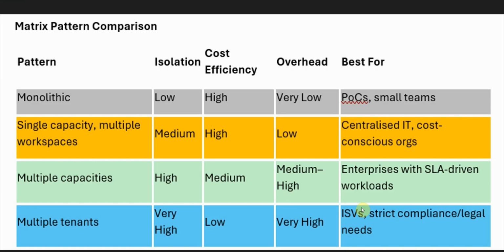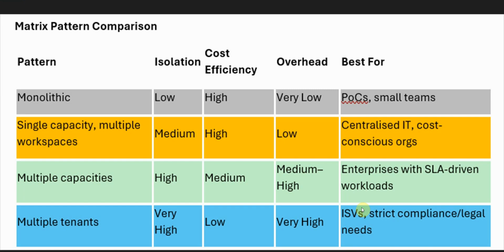The third is the one with multiple capacities, and this one gives you isolation and control at the expense of higher overhead. The fourth is the pattern with multiple tenants, and it provides complete separation but with significant complexity.